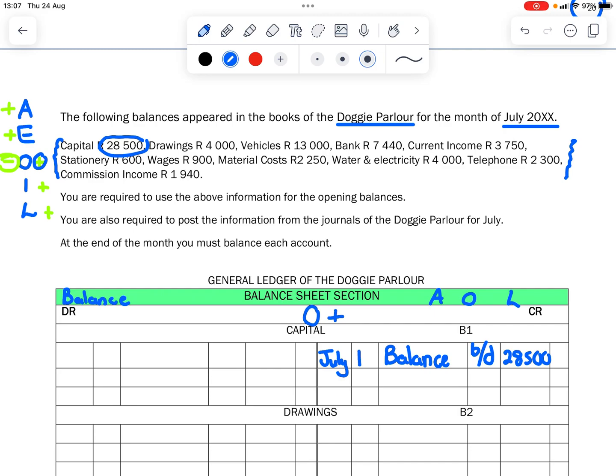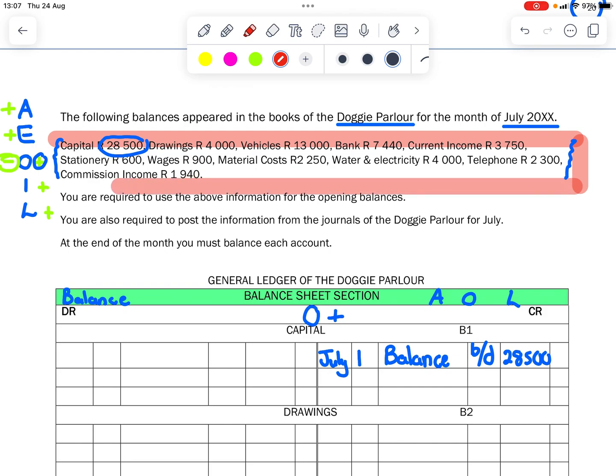So we start off every single ledger account by entering in the opening balances given to us. We enter in these balances that are given to us in this block over here. Every single general ledger account normally has an opening balance at the start of the month.